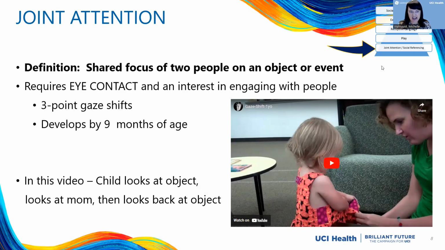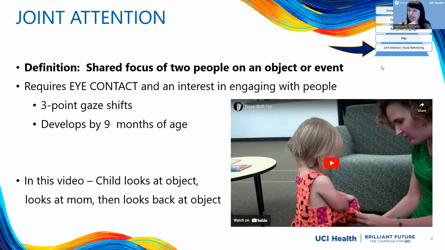It's basically, do I use my eye contact to share a social interaction with someone, usually based on something interesting that I've found. And it is the foundation of all communication. So if a child's not using great eye contact to check in and see if a parent is noticing what they're noticing, then they're missing all kinds of language learning opportunities.